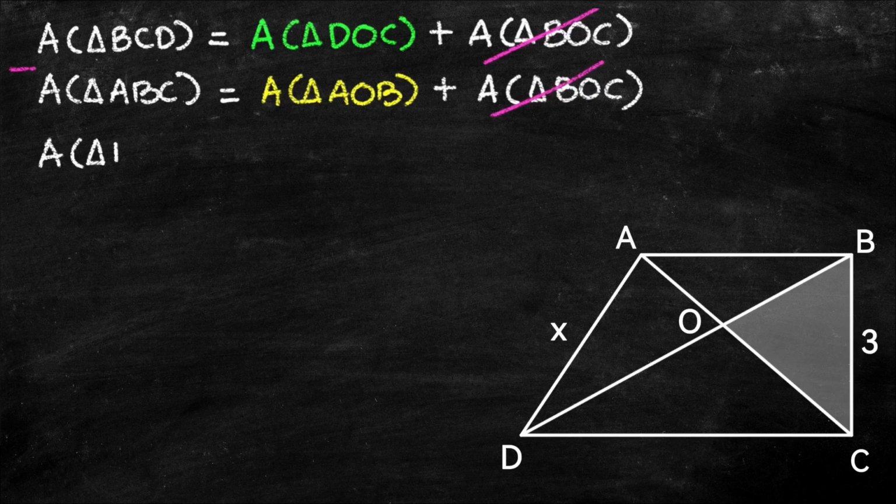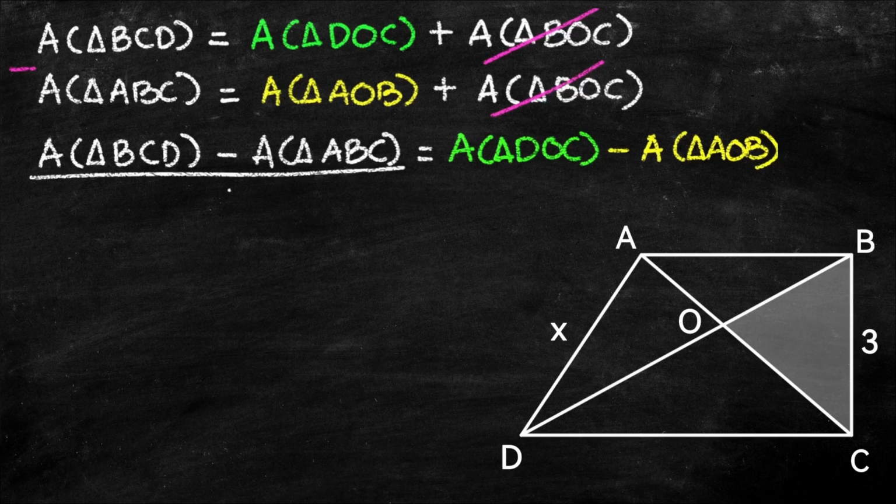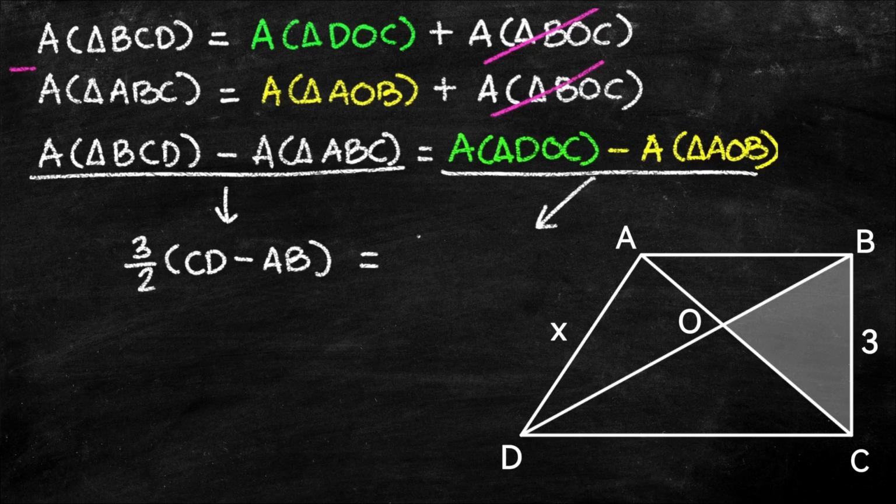Therefore, the area of triangle BCD minus the area of triangle ABC is equal to the area of triangle DOC minus the area of triangle AOB. From our calculations earlier, the area of BCD minus the area of ABC is equal to 3/2 times (CD minus AB). Also, the area of DOC minus the area of AOB is equal to 6.